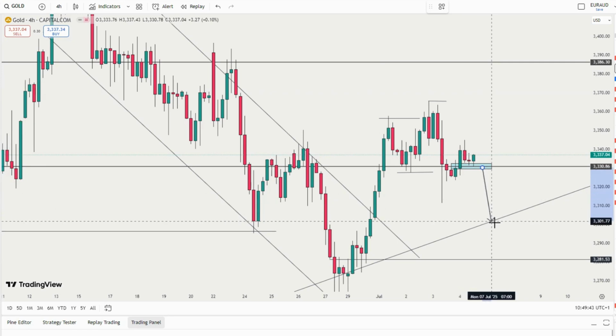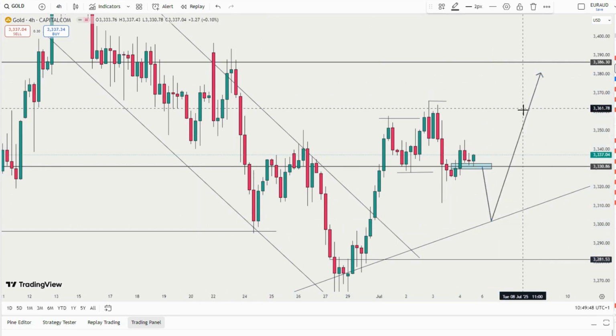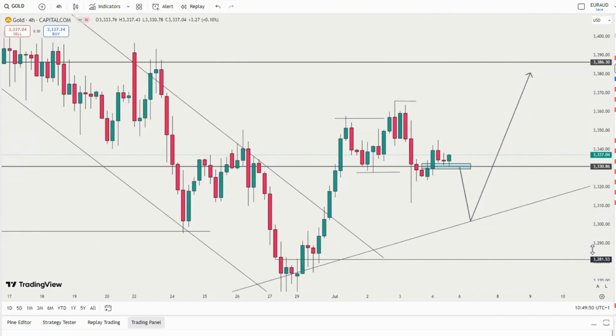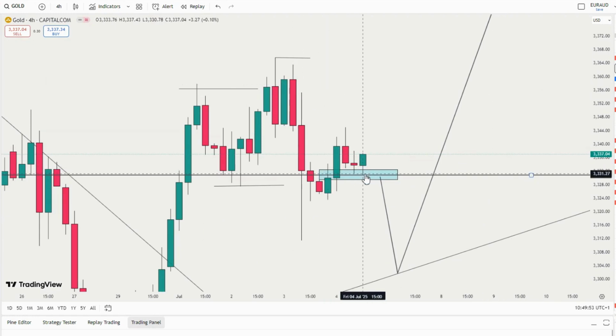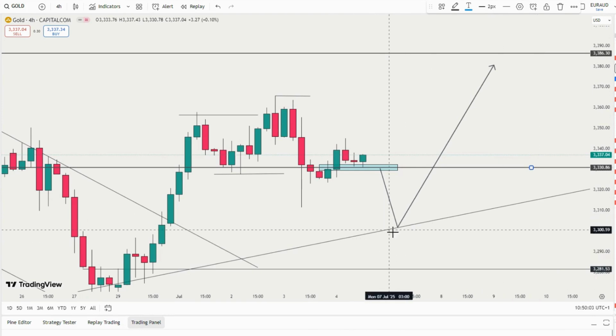So I'm waiting for price to come down, and then I'll take my buy bias from that particular area. But what I'm actually looking at first is that price should not come below 3,330. If price comes below 3,330, we're looking for a buy bias at this angle.